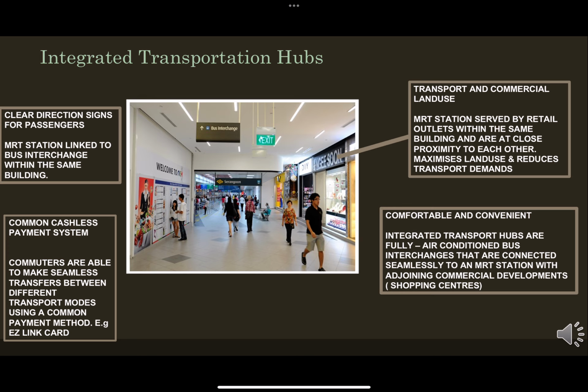Of course, when we always look at the advantages of having integrated transport hubs, we also need to consider what are some of the limitations, what are some of the challenges that are brought about because we are actually locating a lot of our places that has huge human traffic all around the same place. So does it mean that the roads that are actually serving this area, the roads that are in close proximity to this area, need to be widened?